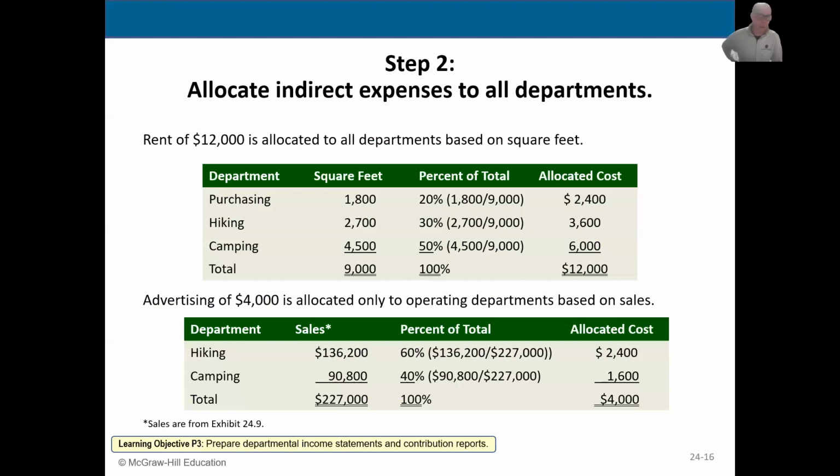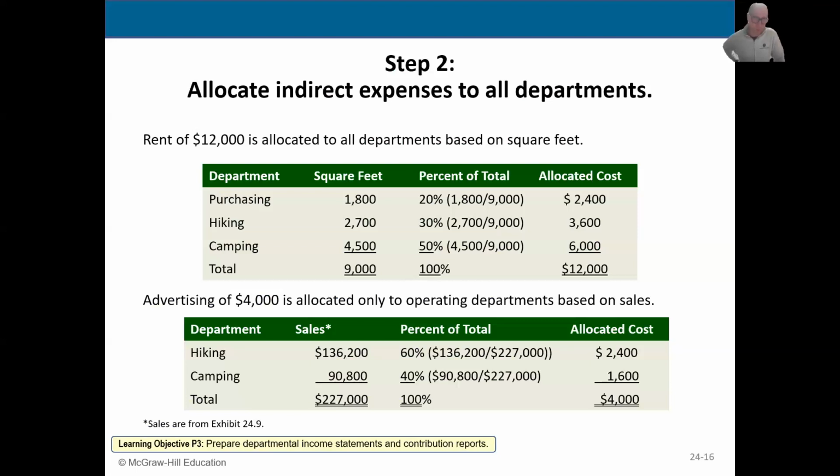So we allocate based off of the square footage for rent. Makes perfect sense. Find the square feet of each department. Divide that by the total square foot to get the percentage square foot for each department. For example, purchasing square foot is 1,800 out of 9,000, that's 20%. Parking is 2,700 out of 9,000, that's 30%. 4,500 out of 9,000 is 50%.